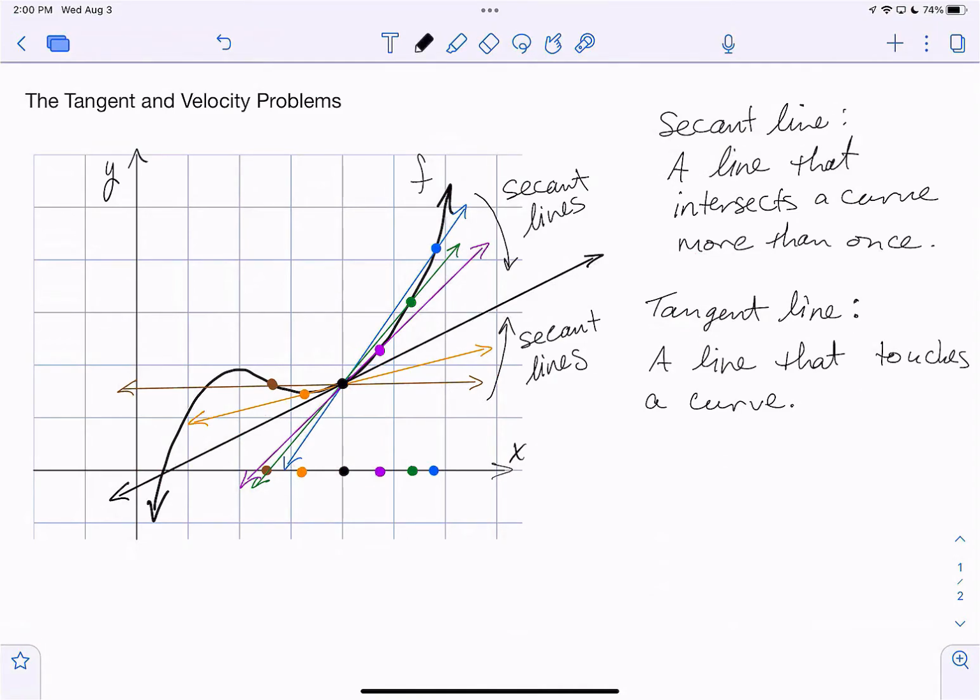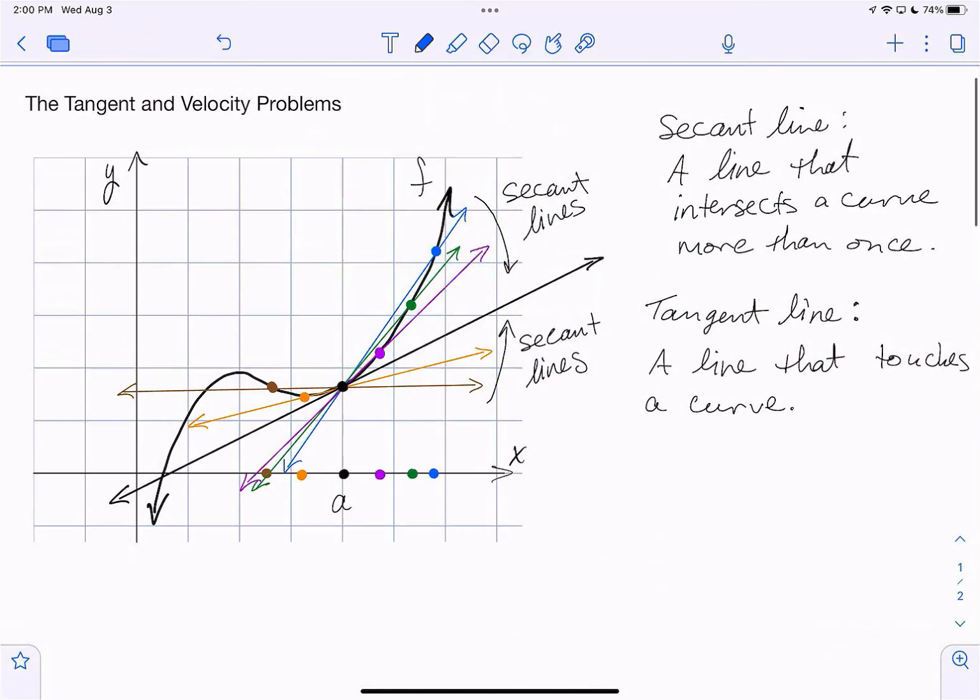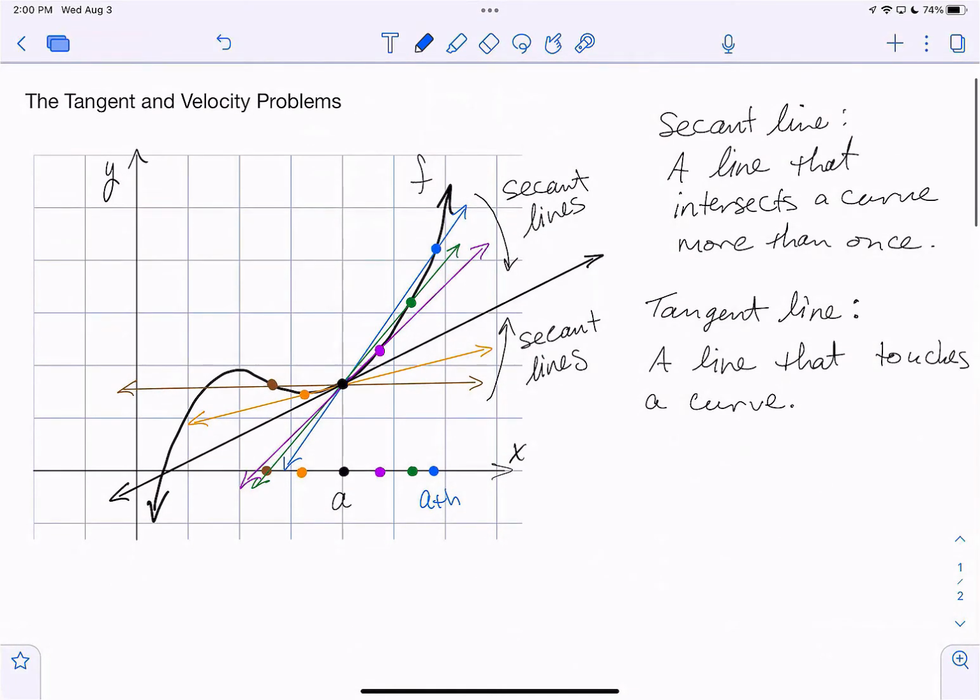All right, I'm going to label the x-coordinate of the anchor point a, just to identify it as having a specific value. And then the blue one I'm going to call a plus h. Using function notation, the blue point would then be (a plus h, f of a plus h). Those would be its coordinates.